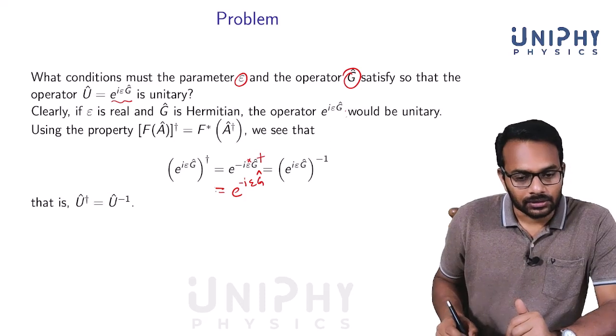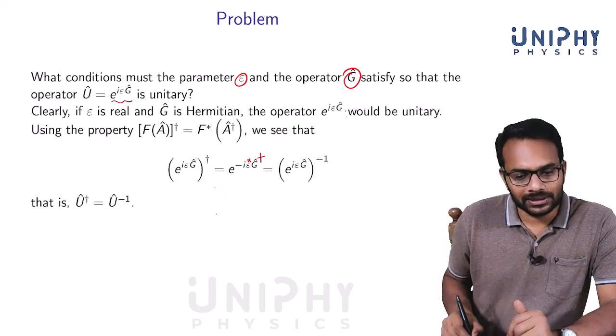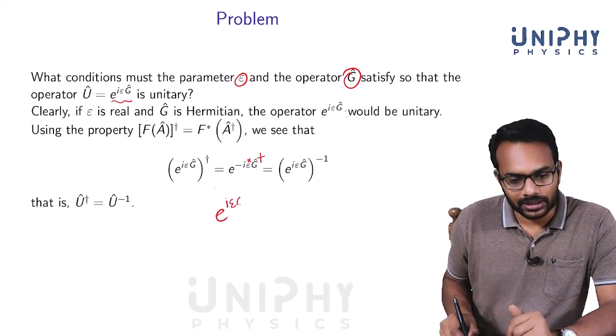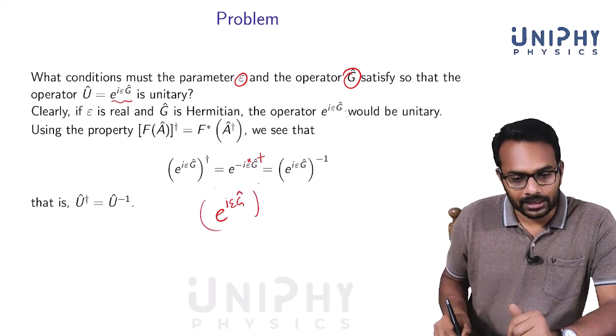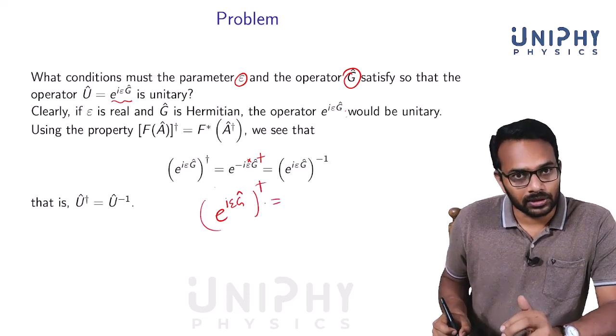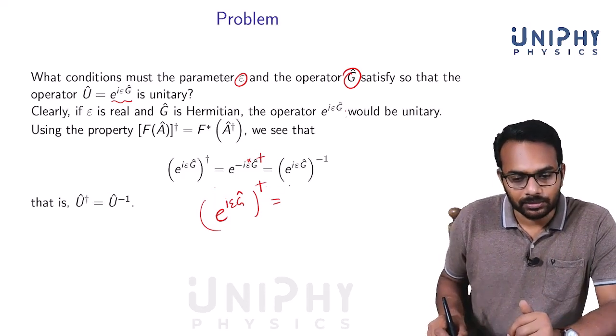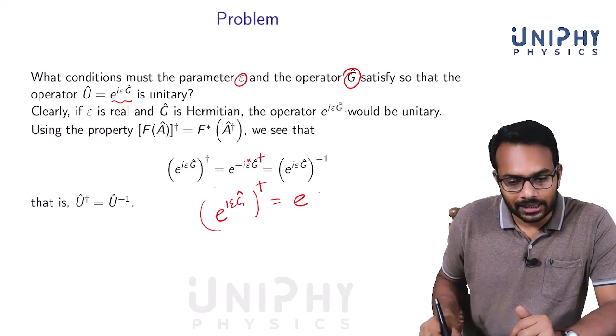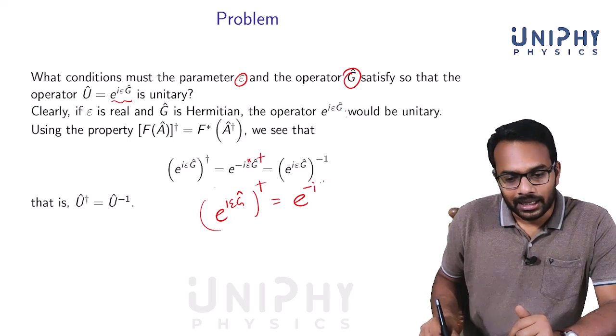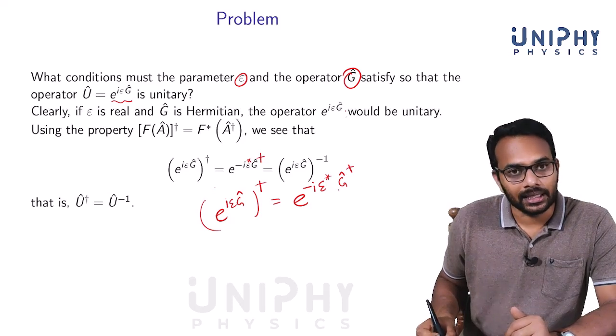So what we do to check this is we start with the operator given. We take the dagger, and you remember the rule. If you have a function, you have to complex conjugate it. So this becomes e raised to minus i, since there's an i here that becomes a minus i, and epsilon will become epsilon star and g will become g dagger.